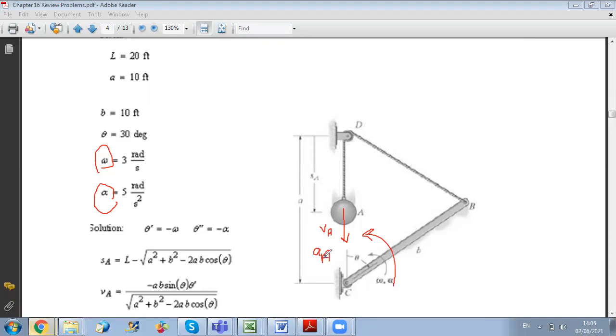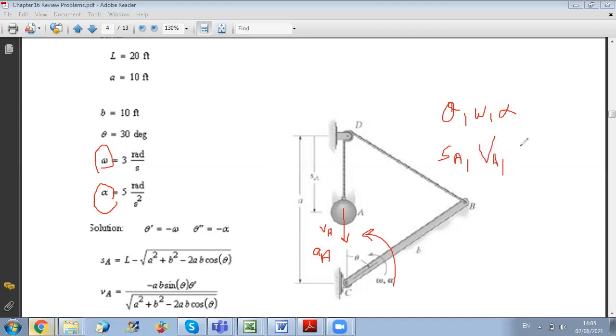Here you have a type of dependent motion, because the rotation will impose the translational motion of A. Whenever you have such dependent motion, you should think of relating the parameters of motion of CB to the parameters of motion of A. So you should relate theta, omega, alpha to SA, VA, and AA.